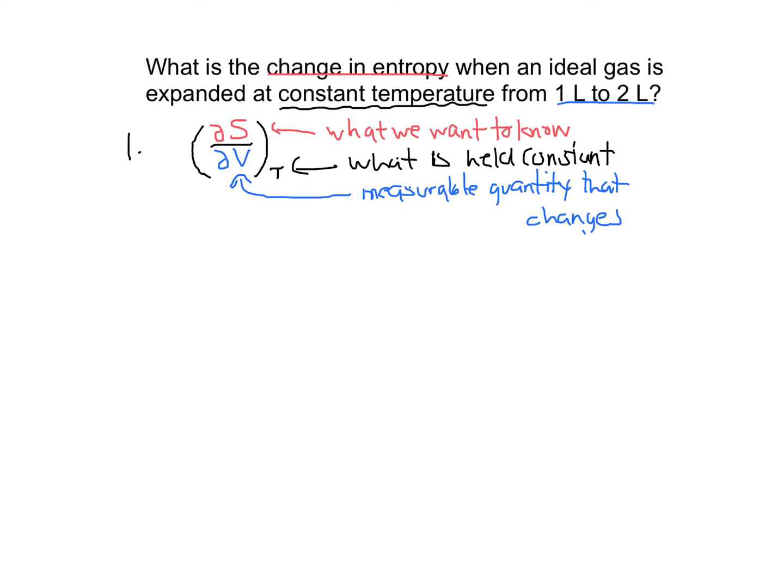The second step is to find an expression for the partial derivative that expresses the question that we're trying to answer. And in particular, we want an expression for that partial derivative that has only measurable quantities in it.